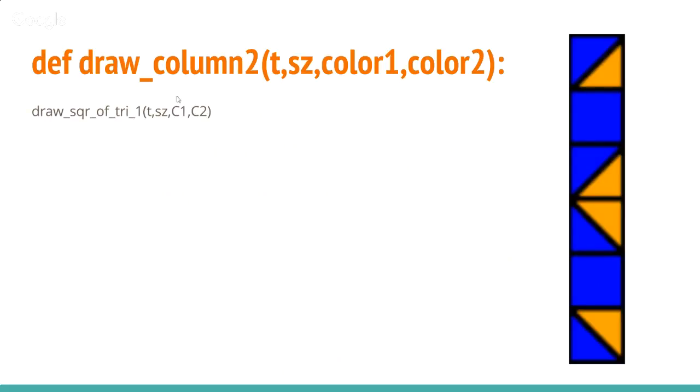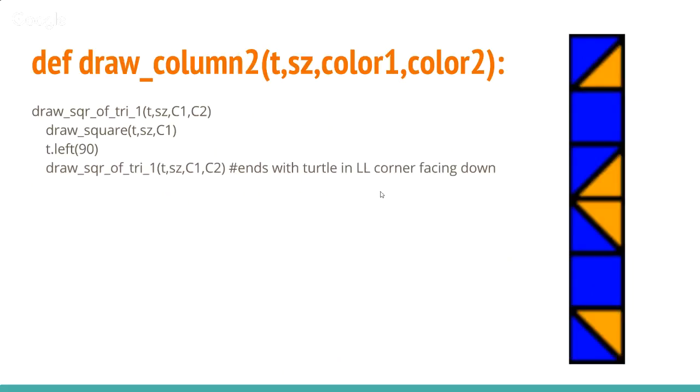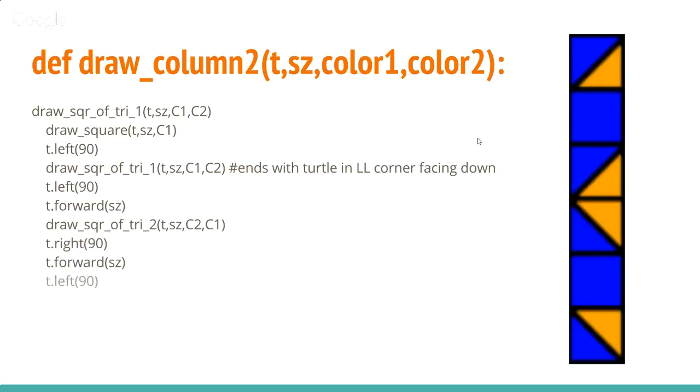Column 2. Again, notice I don't have the doc string or the variables. They will no longer be in the slides, but they are in the functions of the program. Here we immediately just start by calling try 1, and then we draw a square, no positioning needed. Then we have to position here for try 1 again for that third square, position for the fourth square, which is a try 2, and then we do some additional positioning and then set up for square.